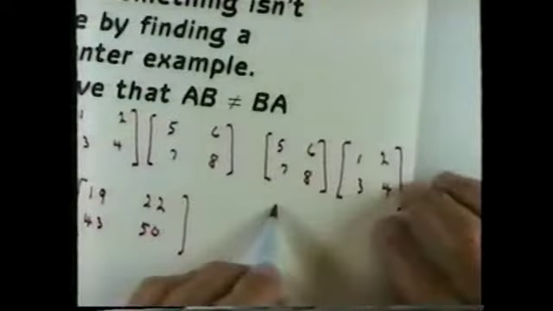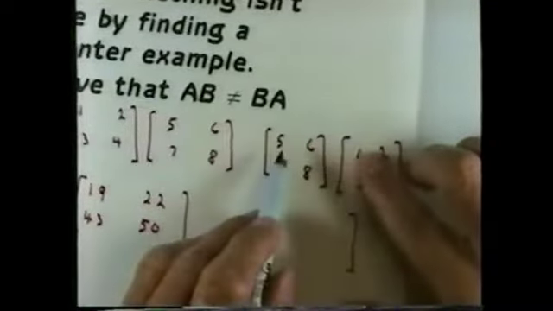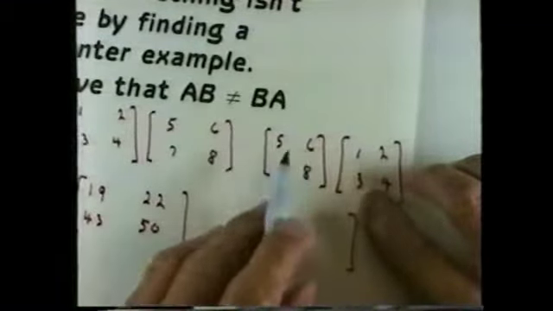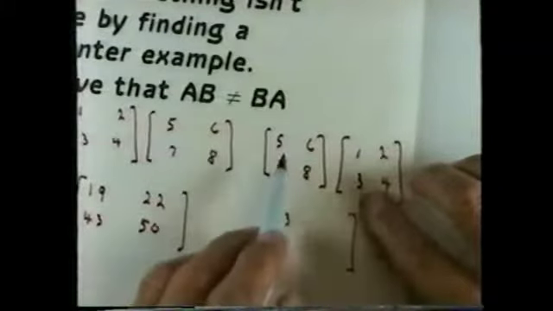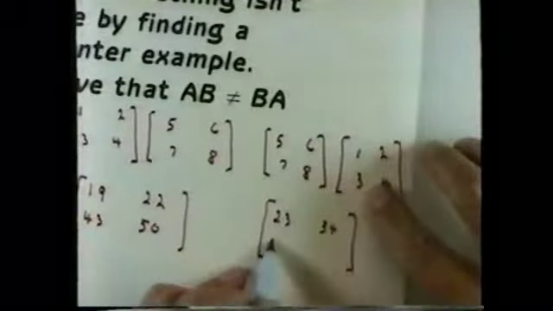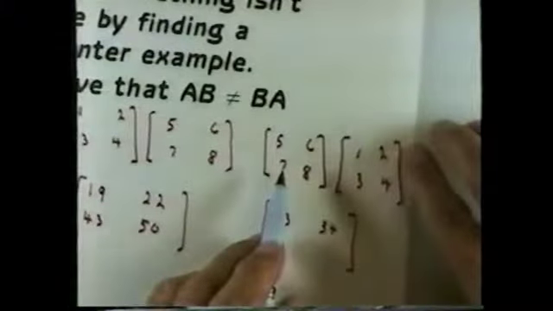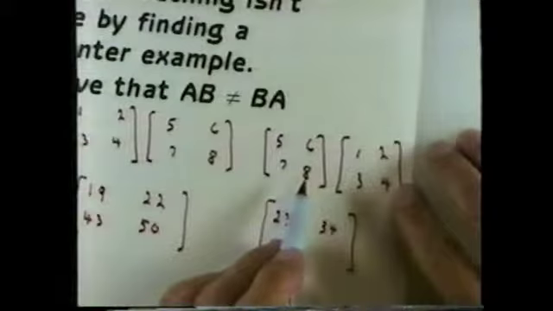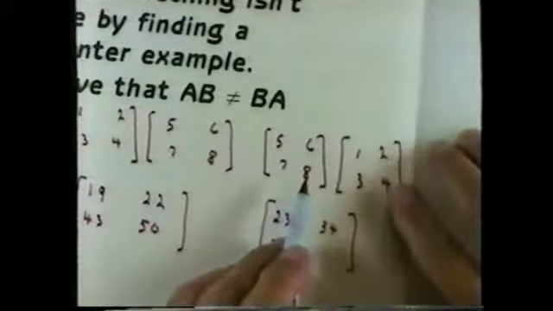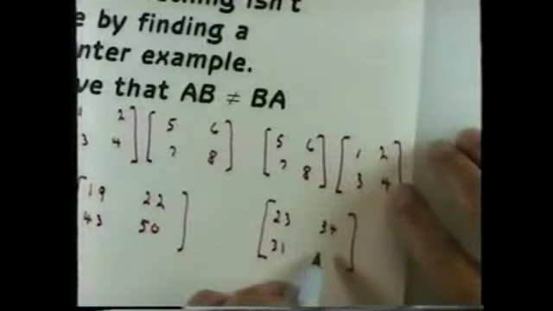Now let's multiply these. 5 times 1 is 5, plus 6 times 3 is 18. 18 and 5 is 23. 5 times 2 is 10, plus 24 is 34. 7 plus 24 is 31. 14 plus 32 is 46.